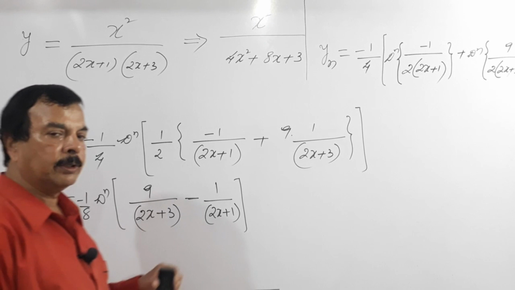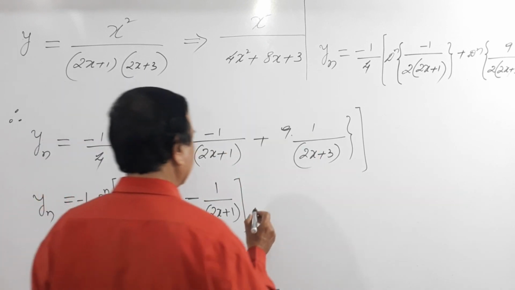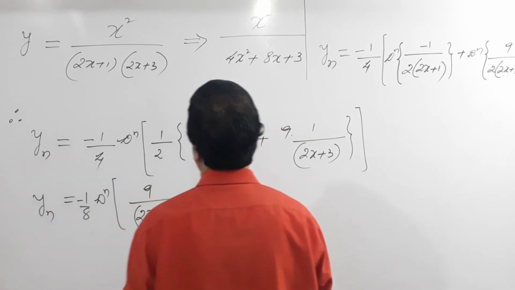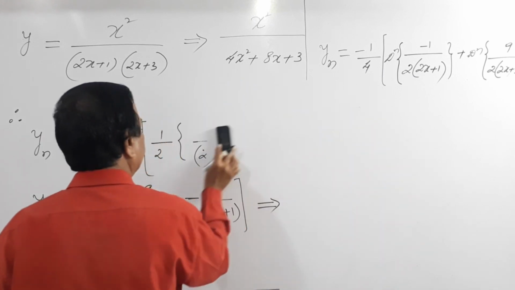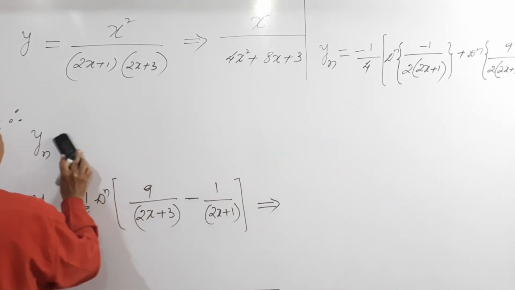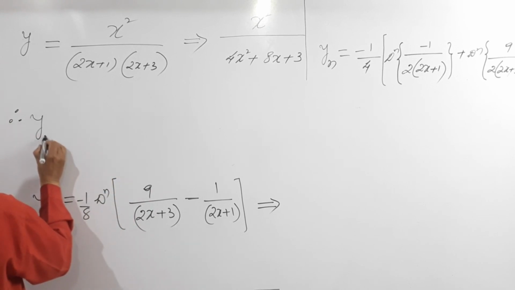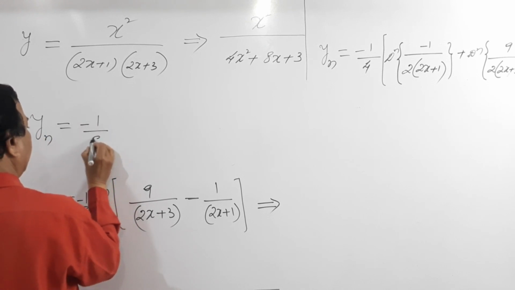Now we know the standard formula. So this is equals to what? I'll rub this because this is of no use. Therefore, yn equals minus 1 by 8.